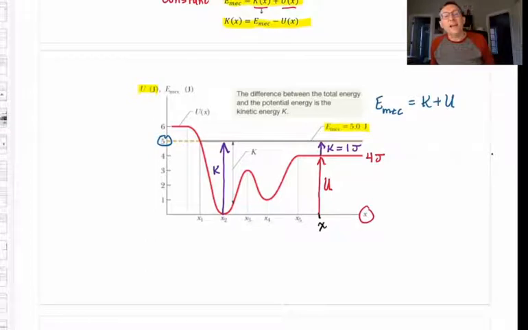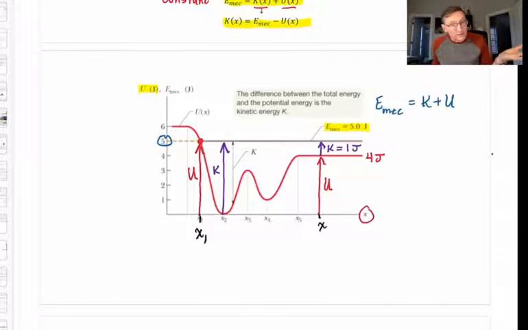Where is the kinetic energy the least? This one's a little more subtle. The answer is at x1. Something rather special is happening at x1. At x1, the potential energy curve itself intersects the mechanical energy line, doesn't it? That means I have to go all the way up to 5 joules just to account for the potential energy.